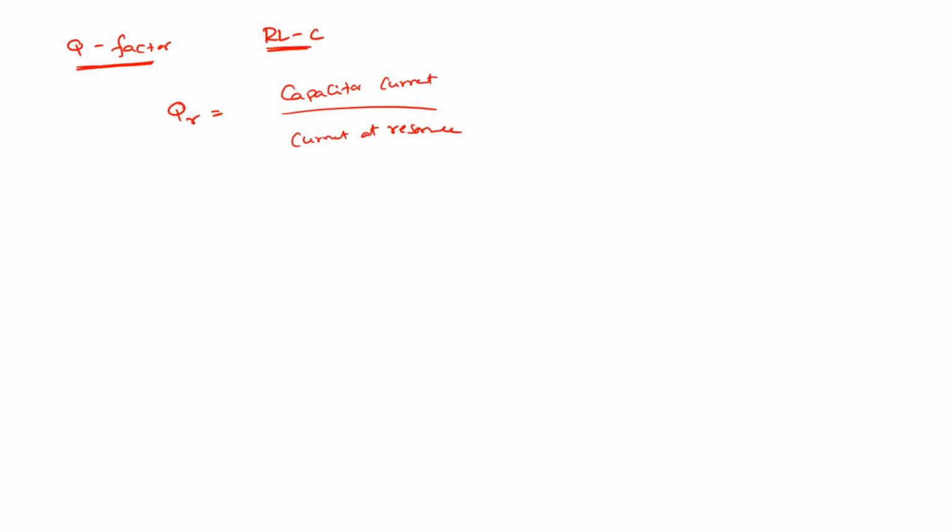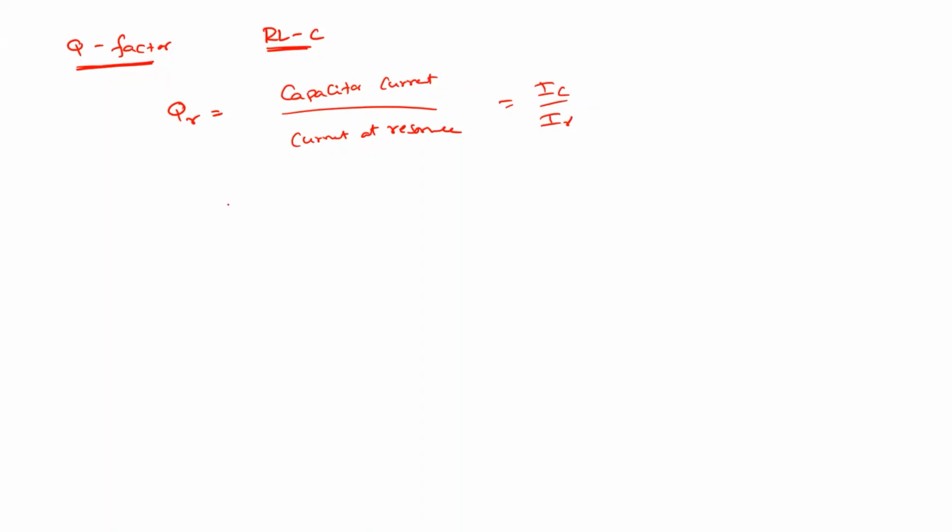That is the one we required, right? That is the capacitor current IC by IR. So this only gives you QR. Understood? Yes, sir. Okay.